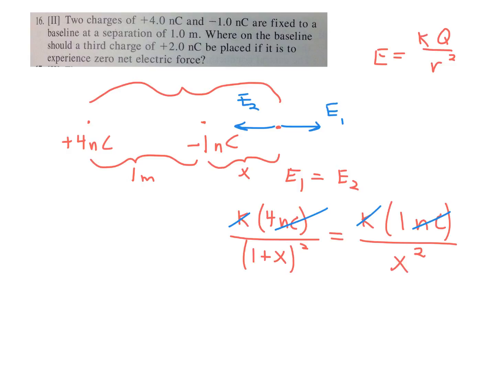But if I take the square root of both sides of this equation, I end up with 2 over 1 plus x, because the square root of the quantity 1 plus x squared is just 1 plus x, equals, square root of 1 is 1, over x. Solve that for x. It's pretty simple, cross multiply, I'll let you do that.